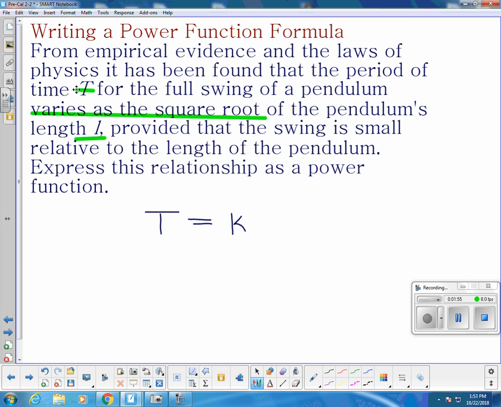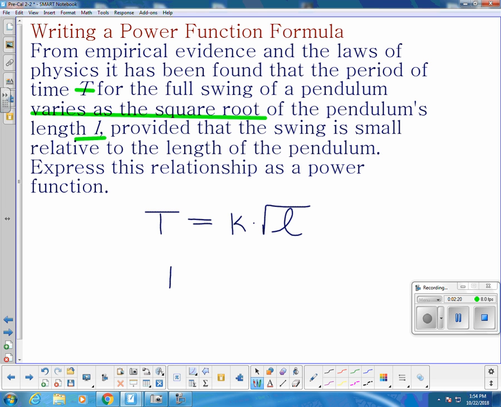If it varies directly, it's going to multiply, and it says the square root of the length. And that's how you would write that. Time varies as, so you have to have that k, the square root of L. Now k could be 1.